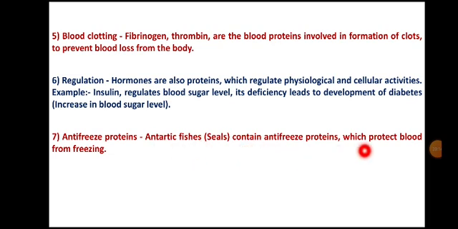So these proteins are responsible for protecting the blood of these animals from getting frozen. So even after exposure to temperature below 0 degree Celsius, the blood never clots, and the mechanism behind that is the presence of antifreeze proteins.